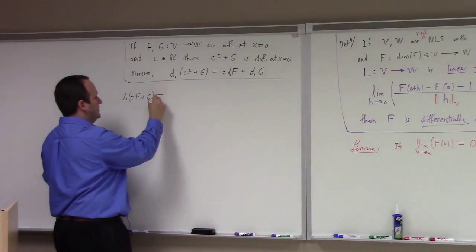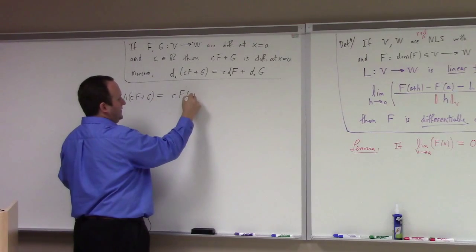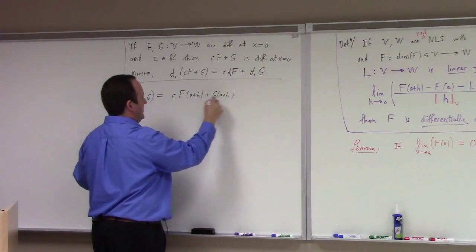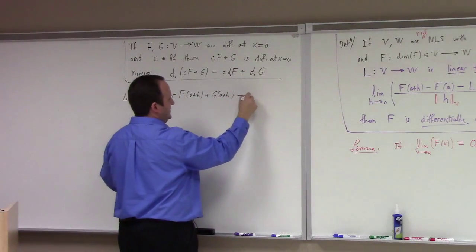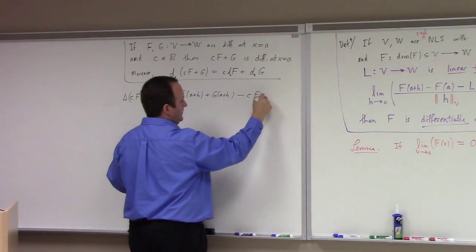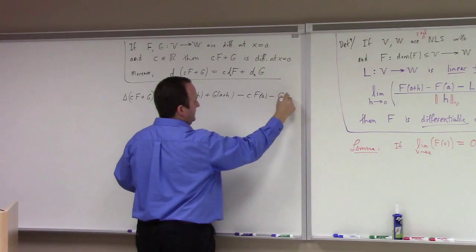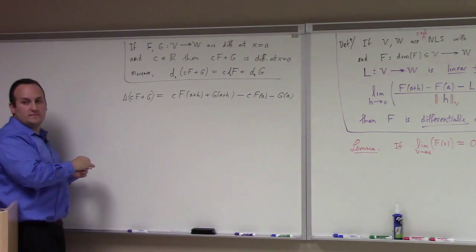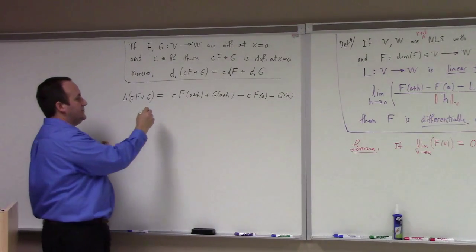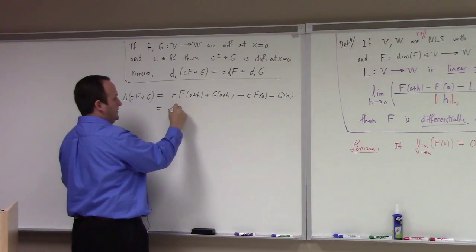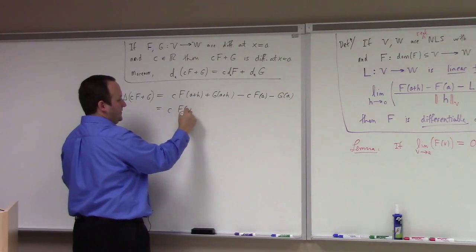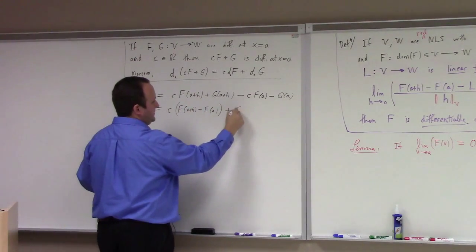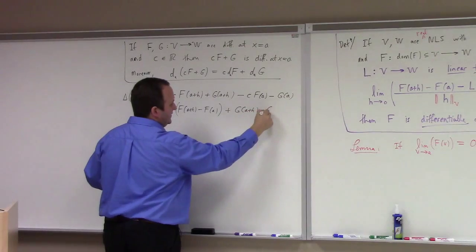In other words, C times F of A plus H plus G of A plus H, minus C times F of A minus G of A. Look at the change of this function. That's equal to C times F of A plus H minus F of A plus G of A plus H minus G of A.